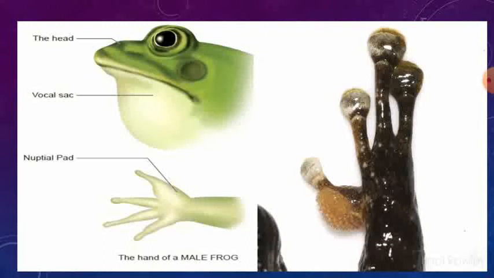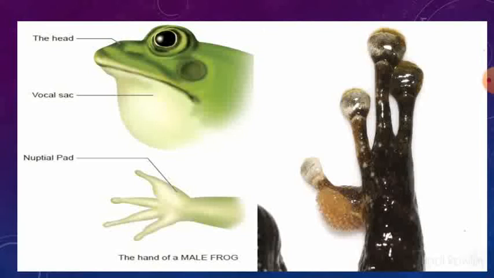So here is the presence of sexual dimorphism between male and female frogs. Male is smaller in size but female is larger in size. The ventral surface of the trunk is rough in the case of male, whereas in the case of female, the ventral surface of the trunk is smooth.